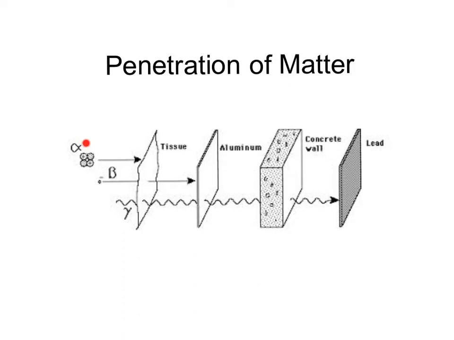Well, it turns out alpha can do the most damage, so it's a good thing that it would get stopped by our own skin. Okay, so alpha particles are not going to go through, but they could do damage to the skin. Beta particles can go through our skin to our organs, and gamma, forget about it, also can go through our skin and our tissue.